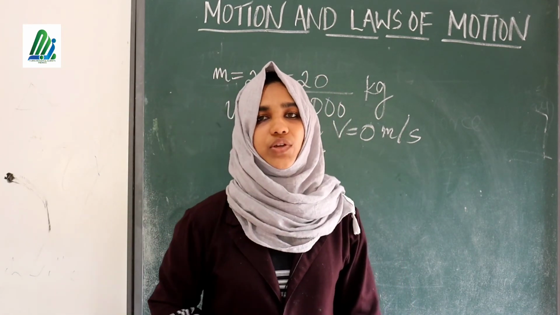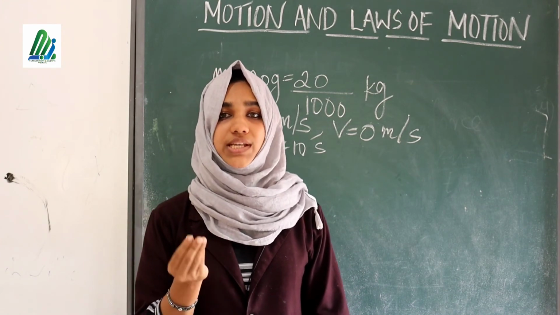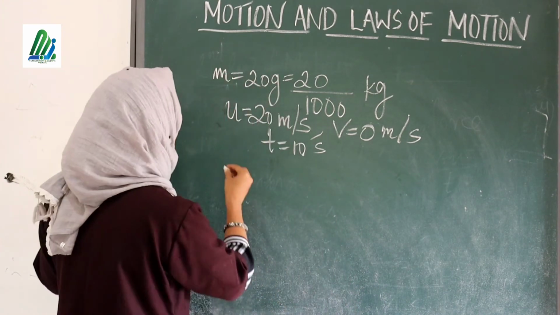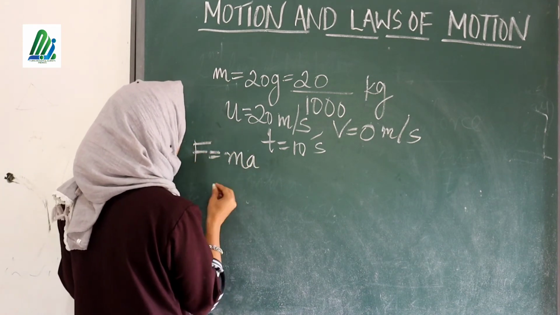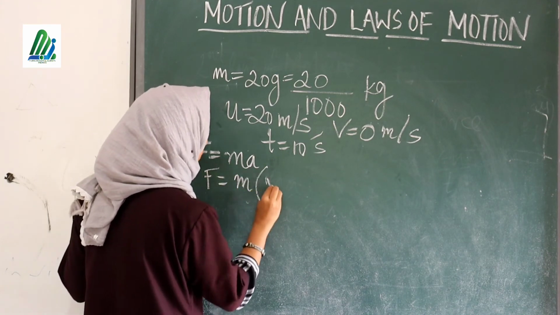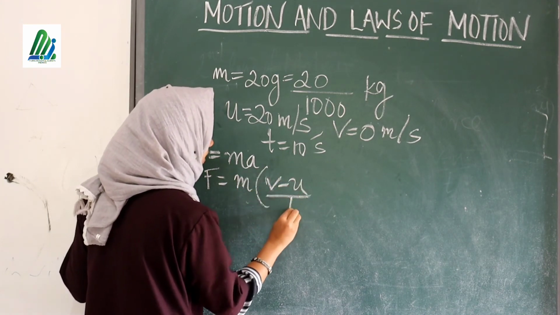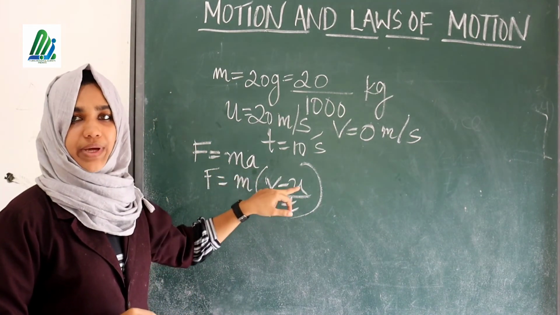So we have an equation for finding this. The equation is F is equal to ma. So we can write this equation as m into (v minus u) by t. Here a is equal to (v minus u) by t.